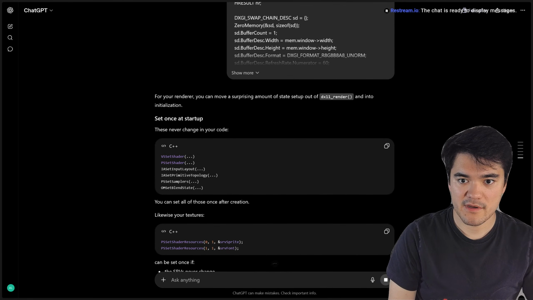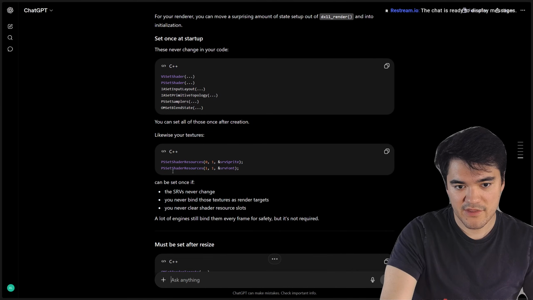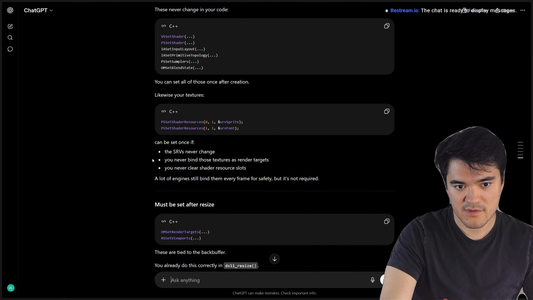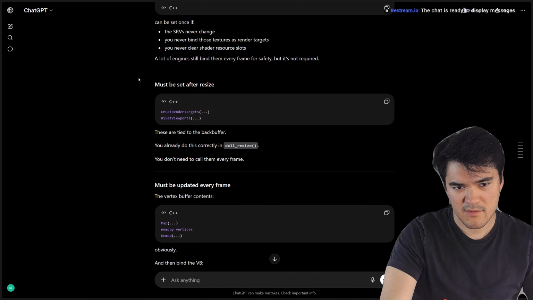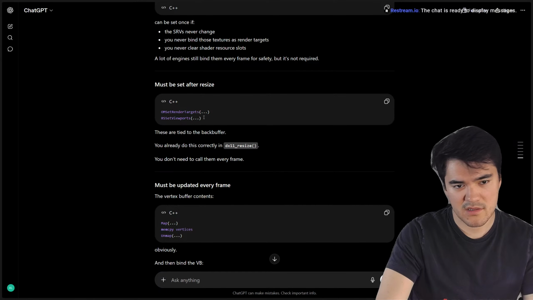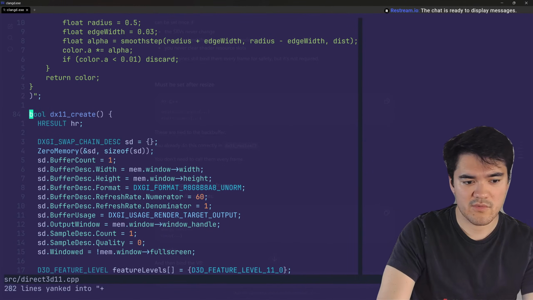I think it is true. You never bind those textures as render targets. Yes. Must be set after resize: render target and the viewport.